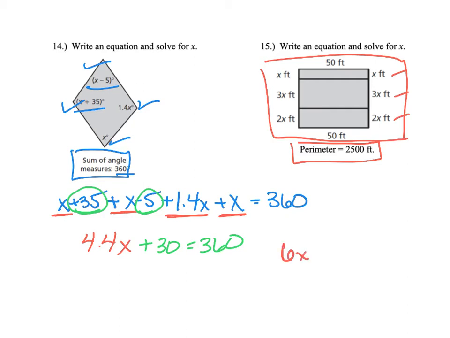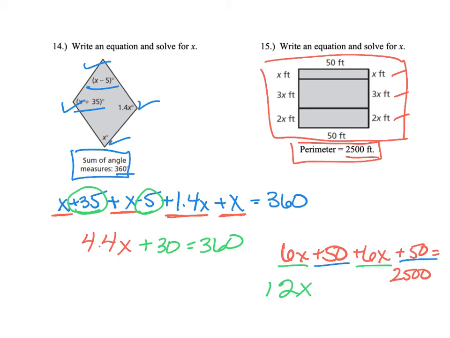So I've got 6x plus 50 on the bottom, another 6x on the left-hand side, plus 50, and it told me my perimeter is equal to 2,500. So then I'm going to combine my x's, so I've got a total of 12x. I'm going to combine my numbers, which is 100 equals 2,500, and then I can go ahead and solve it.